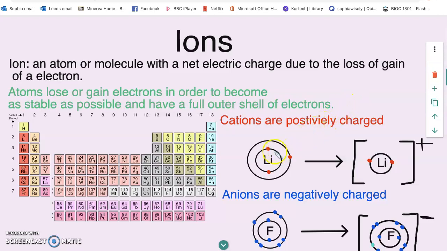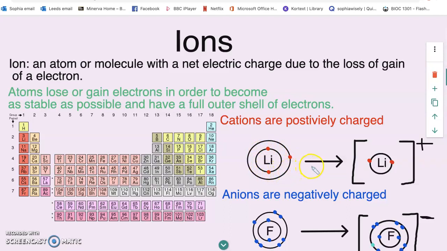So lithium on the periodic table here has 3 protons, so 3 electrons, and that's a 2 and then 1 on the outer shell. So in order for it to have a full outer shell, it's easier for this lithium to lose 1 electron and then have a full outer shell of these 2 than it is to gain 7 electrons.